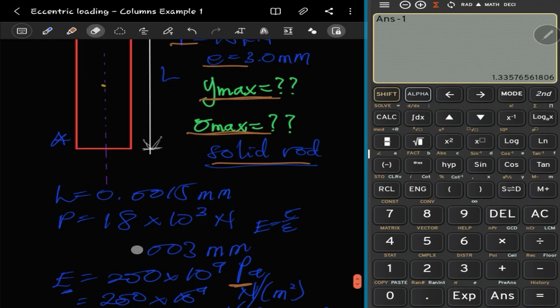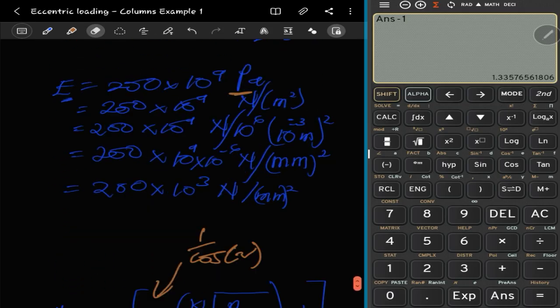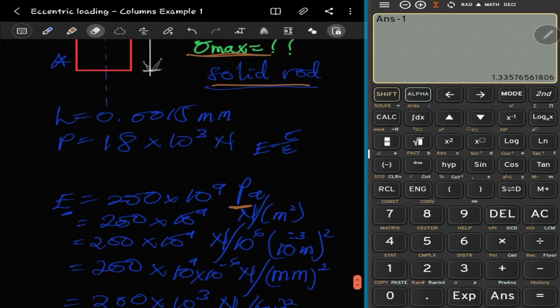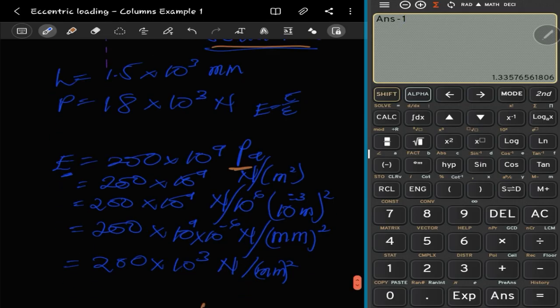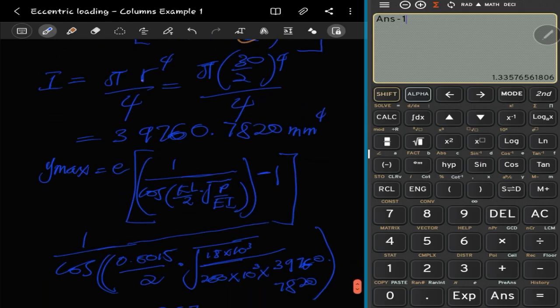So this E here is maintained. Nothing happens to it. Same for this. So this actually should have been times 10 to the power 3 mm. 1.5 times 10 to the power 3 mm. Right. So the rest of the conversions have been done.